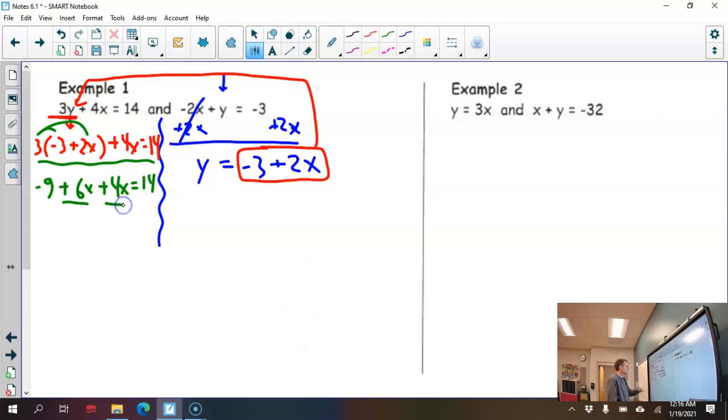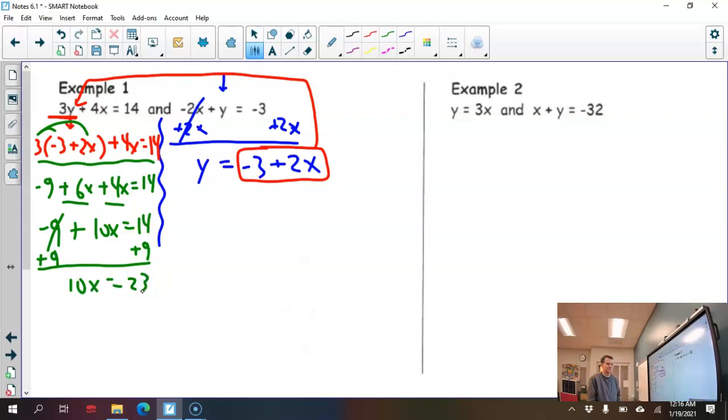I'd add my like terms together: -9 plus 10x equals 14. Then I would add 9 to both sides and get 10x equals 23.